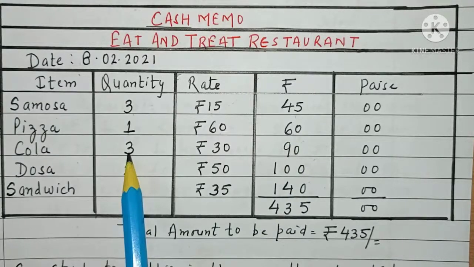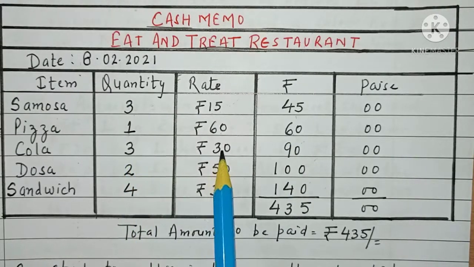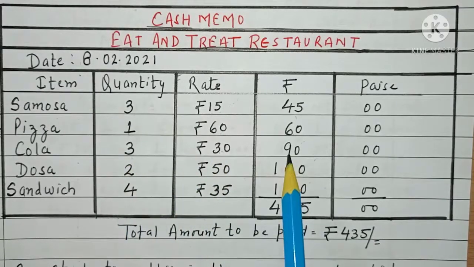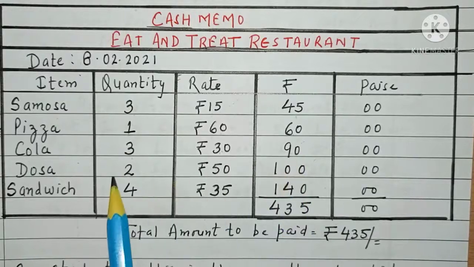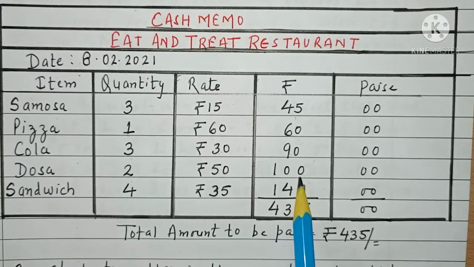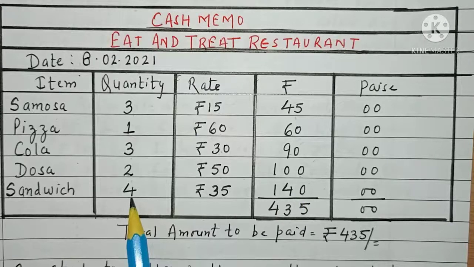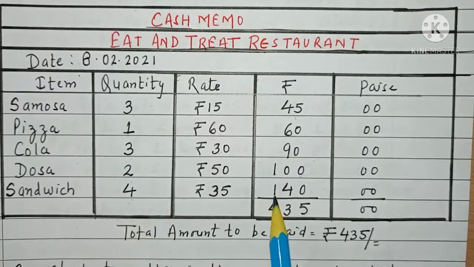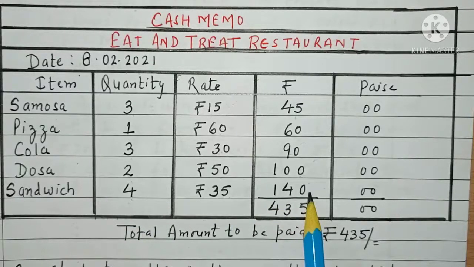3 colas. The rate rupees 30. And 3 colas for rupees 30 multiplied by 3, which gives us rupees 90. 2 dosas at the rate of rupees 50, which is 50 multiplied by 2 gives us rupees 100. 4 sandwiches at the rate of rupees 35. 35 multiplied by 4 is equal to rupees 140.